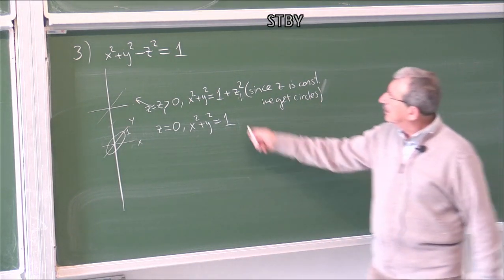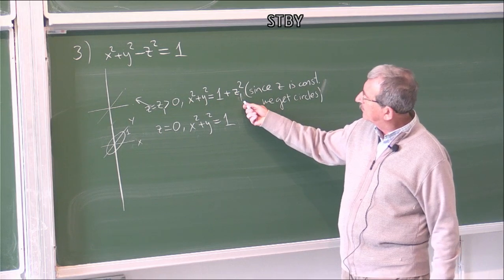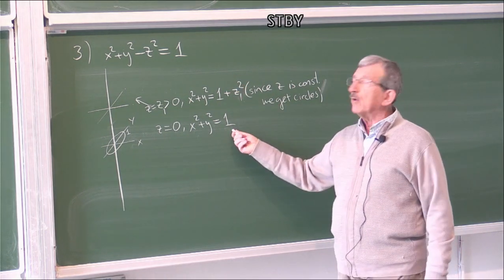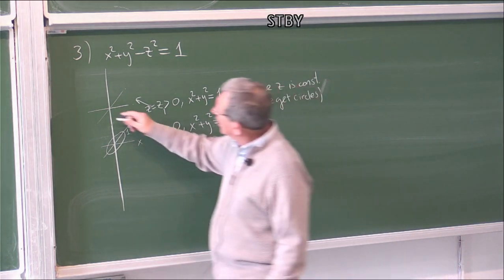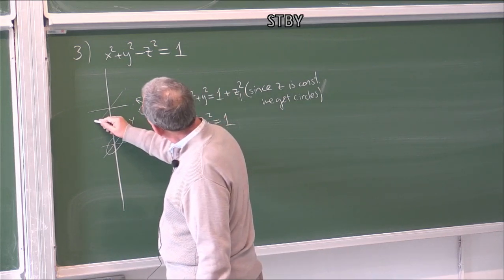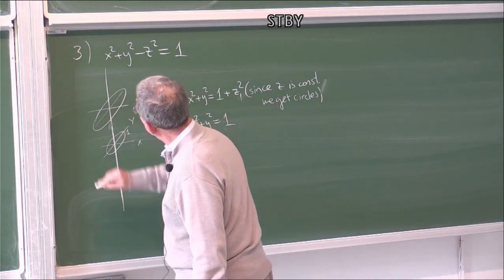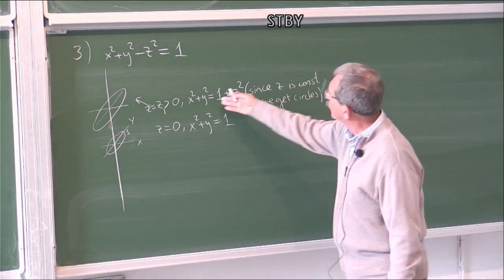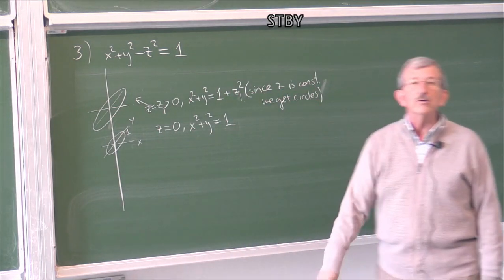But z1 is positive, so the radius is bigger than 1. This time we get a larger circle with radius root 1 plus z1 squared.